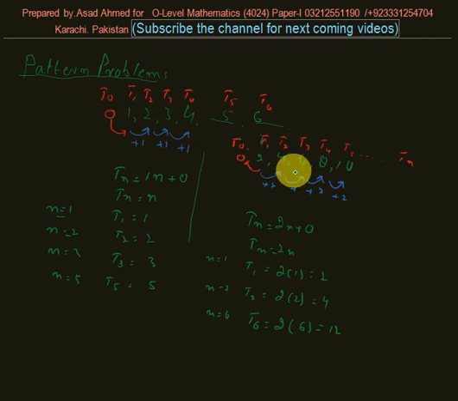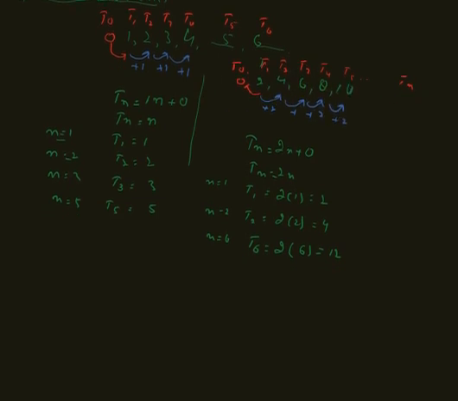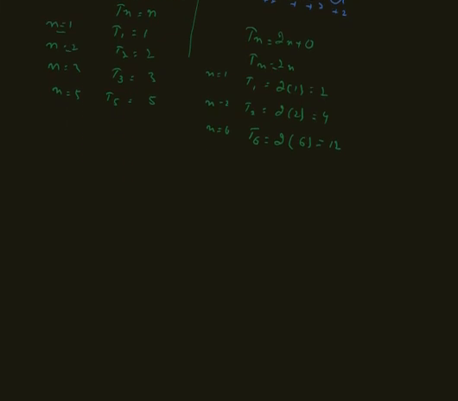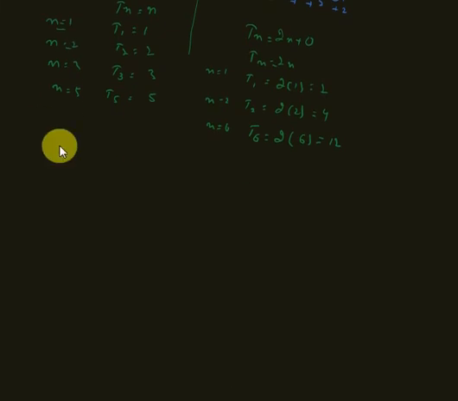This is for the fixed difference. Suppose one more question: we sometimes see a sequence like 1, 4, 9, 16 and 25. So this is basically the squares. It is 1 squared, 2 squared, 3 squared, and 4 and 5.